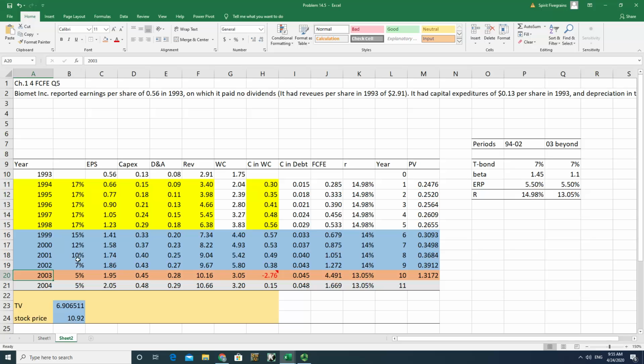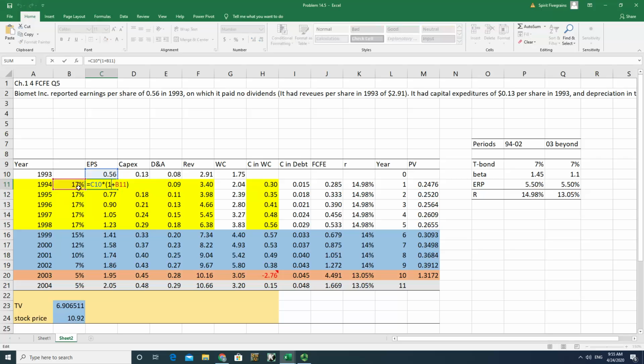So in year 1993, EPS is 56 cents, and capital expenditure, depreciation, everything is on a per share basis, and working capital is 60%. Let's take 60% of the revenue, $2.91 per share, to get the working capital. Then let's do the estimation for the high growth time period.